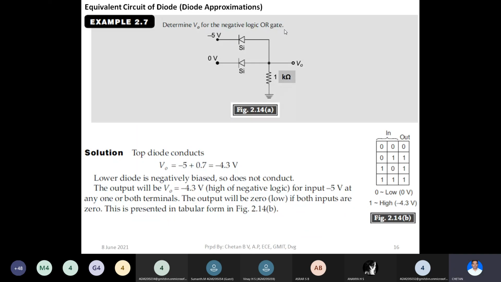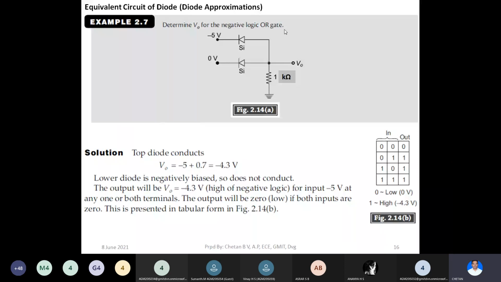Suppose we say that the digital circuit is working using positive logic, it means that logic 1 refers to a positive voltage, for example, plus 5, right? Similarly, logic 0 represents a 0 voltage, that is 0 volt.